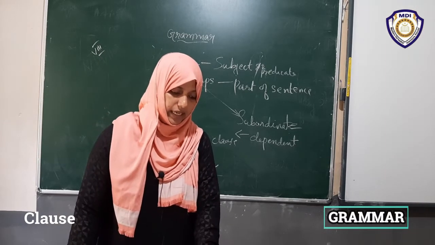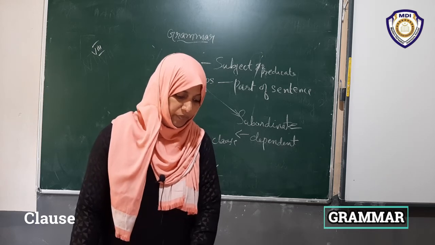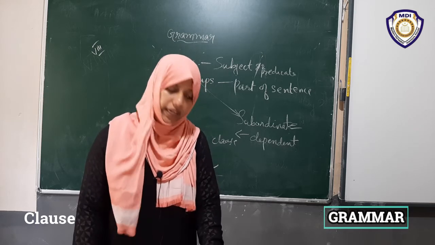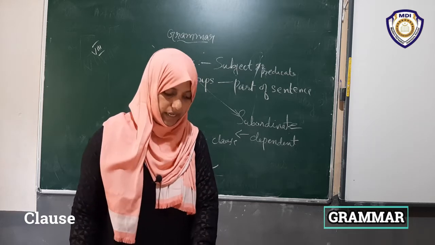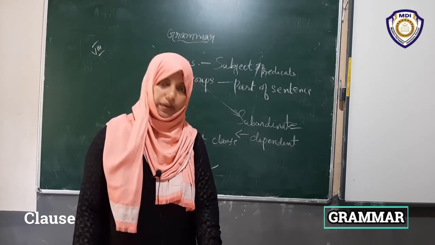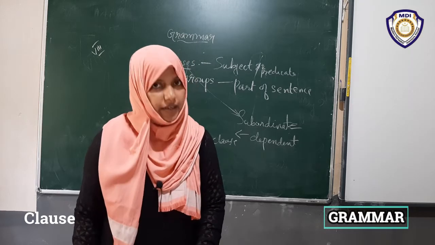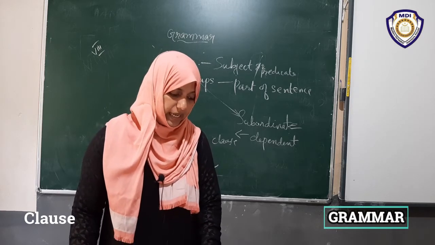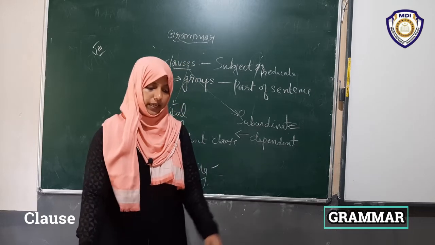The chief minister is in the auditorium. Listen, all of you. A subordinate clause does the work of a single word or phrase and it cannot complete by itself. So, it must be joined to a main clause. This means that the clause is subordinate to another clause for its meaning.